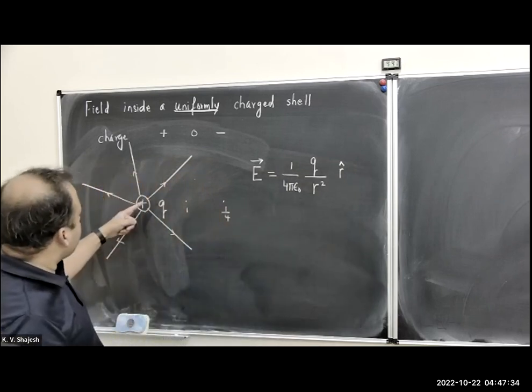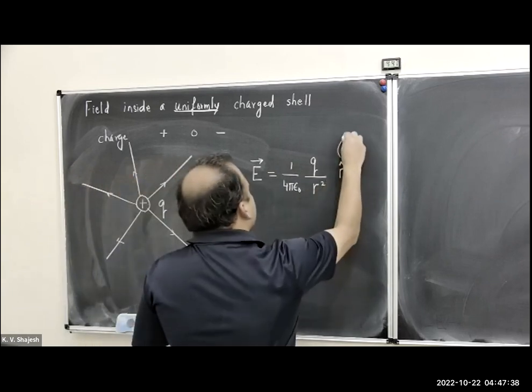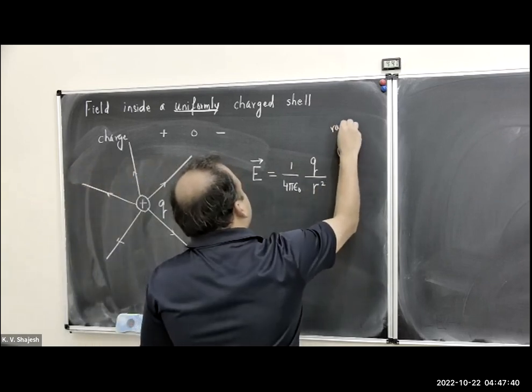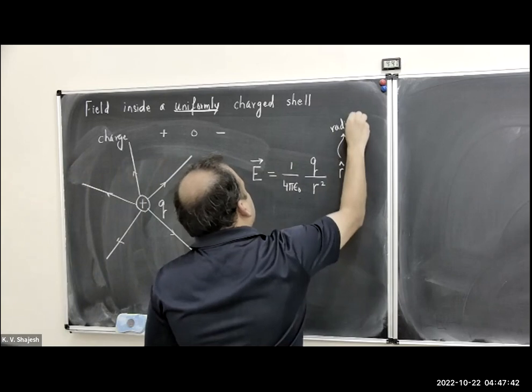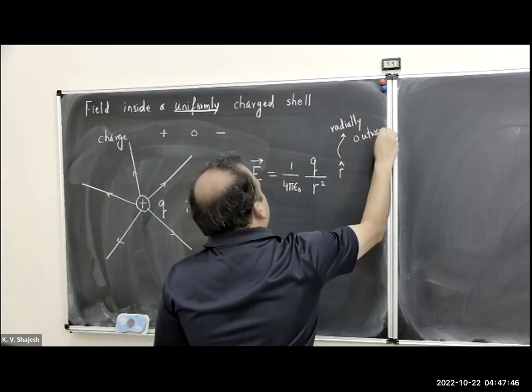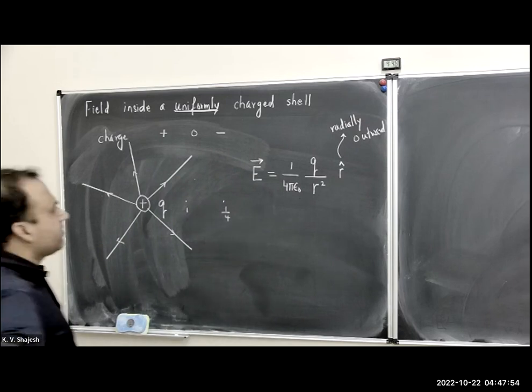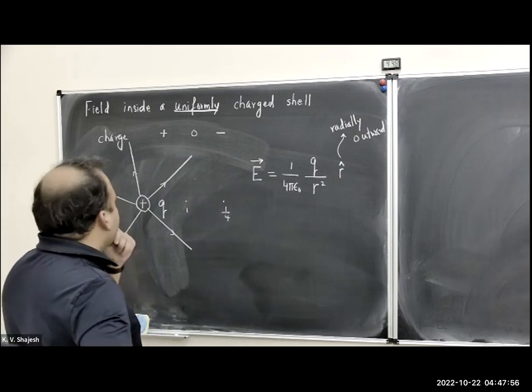And for our purposes, it is radially outward. So this is a symbol which tells us that it's radially outward. That's all that means. So that's a direction associated with that. So that's the simple idea.